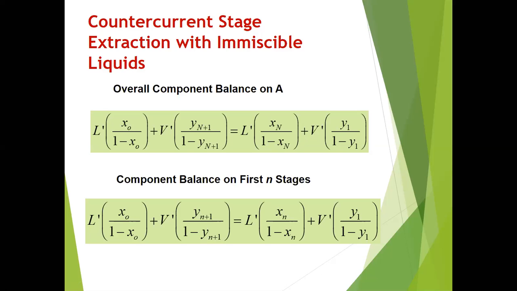So in the case of extraction, you are determining V prime minimum. If you're going to determine V prime minimum, you don't use the component balance equation wherein you have L0, B n plus 1, Ln, and V1, but rather you use this component balance equation wherein you're using the inert streams L prime and V prime.